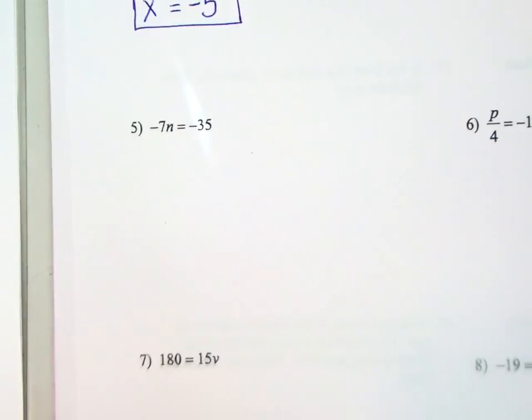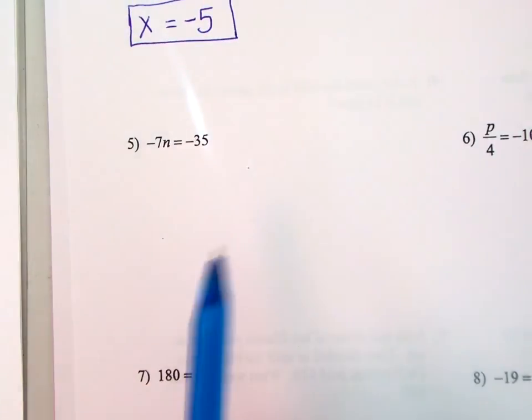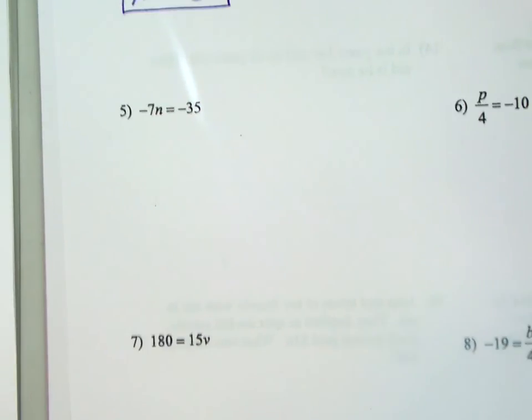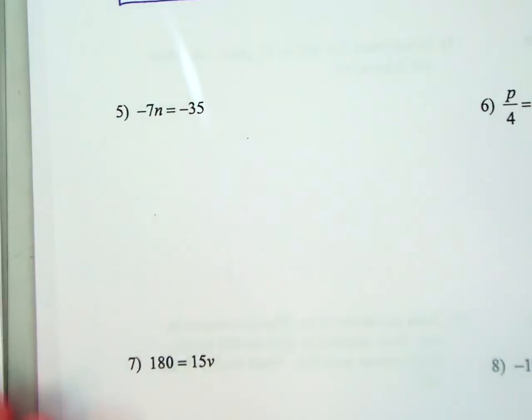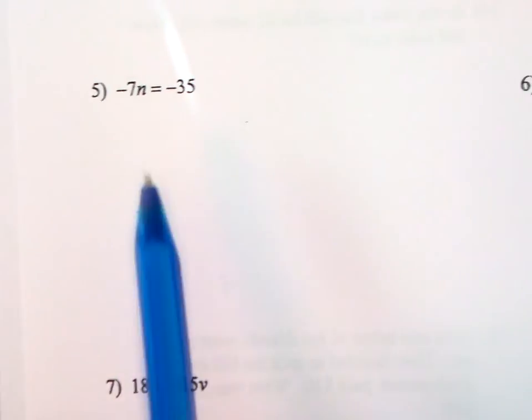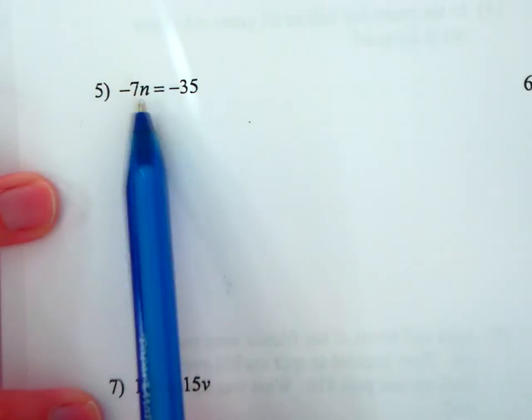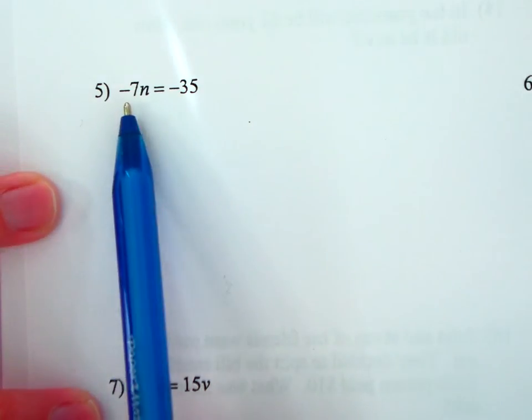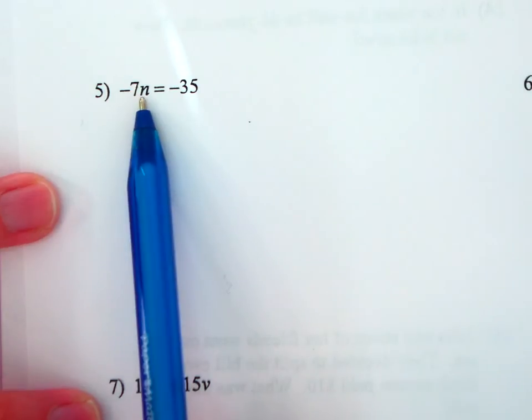Okay, another type. Now let's read this, number 5, moving down the page here. So now when a number is right next to a variable, this is a multiplication. It's saying negative 7 times n.